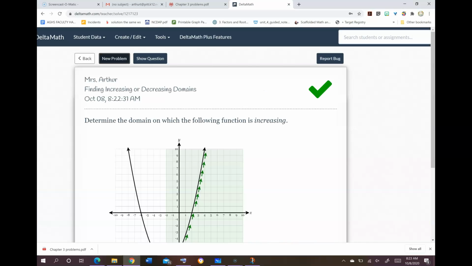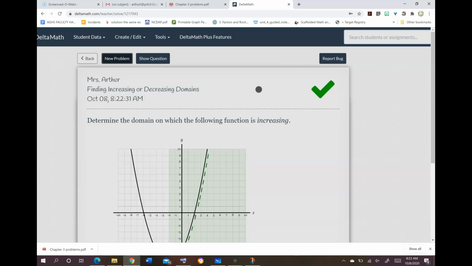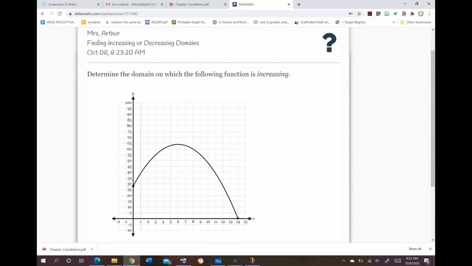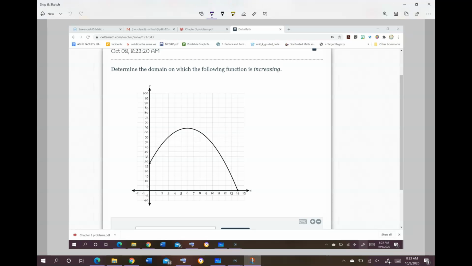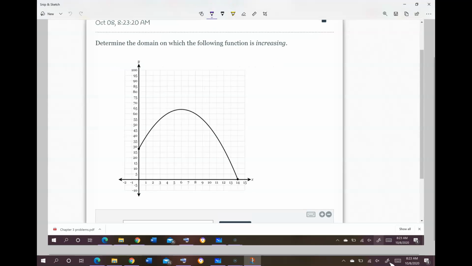All right, let's find one with more dots. Haha, look, you ask and you shall receive. So where is this graph increasing? Well, it looks like it's the same one we already did, but beggars can't be choosers. Where are we increasing?